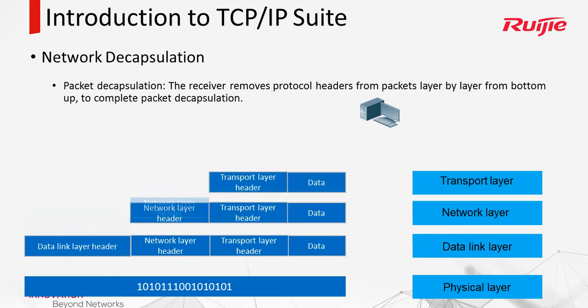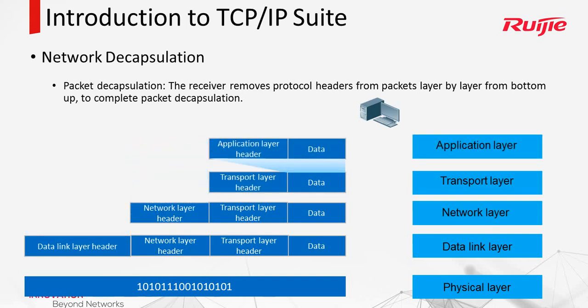Then it will send it to the network layer and remove the network layer header, and then return to the application layer and remove its header. After that, the data will be displayed on this computer.